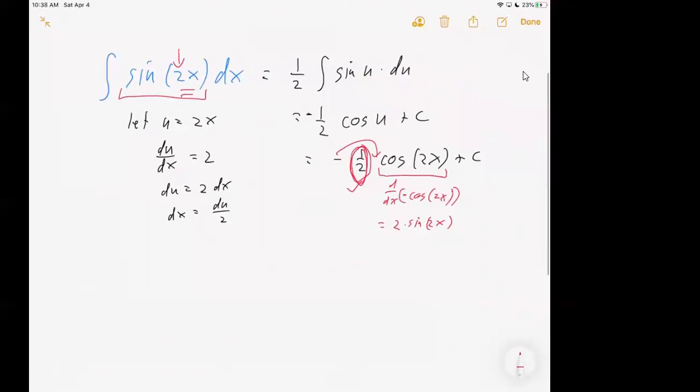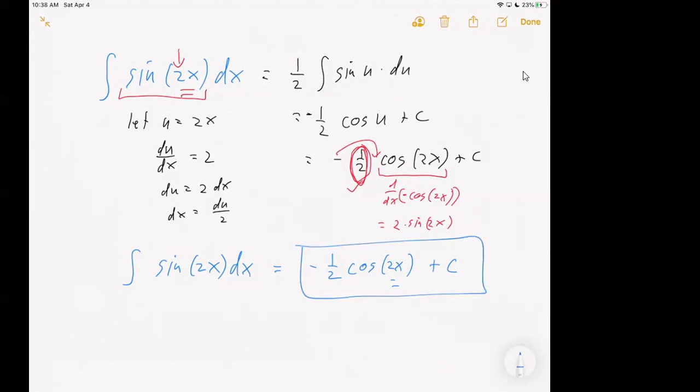So the quick way to do that would just simply be, say, the sine of 2x dx. Let's do a quick guess. We know that we'll have a negative cosine of 2x, and we'll have an extra factor of 1/2 to compensate for the 2x in here. And you make that quick guess, and then you could quickly in your head check that, and that will in fact be the right answer.